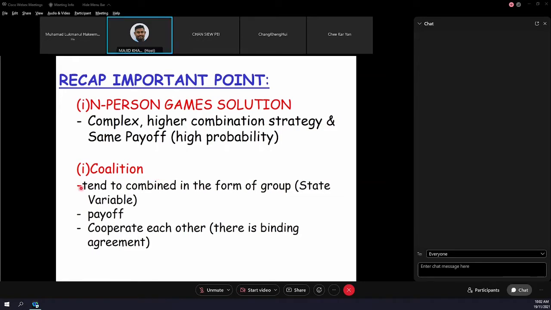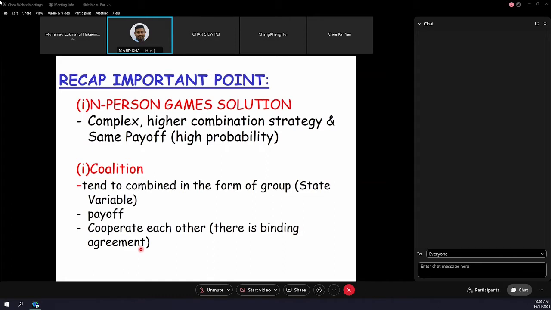So they tend to combine in the form of a group, which we call state variable. And do remember here it will involve payoff, and usually they will cooperate with each other, where we call there is a binding agreement.